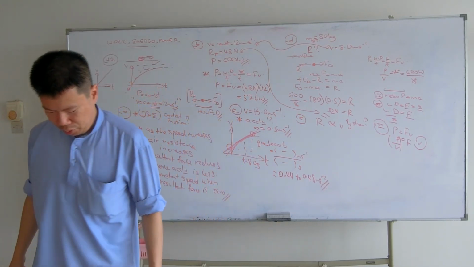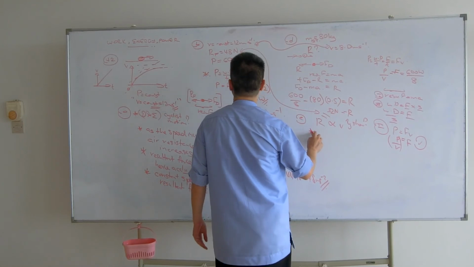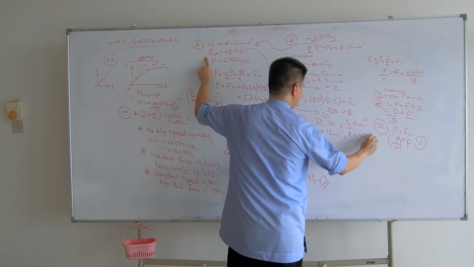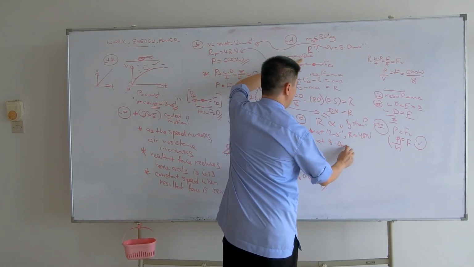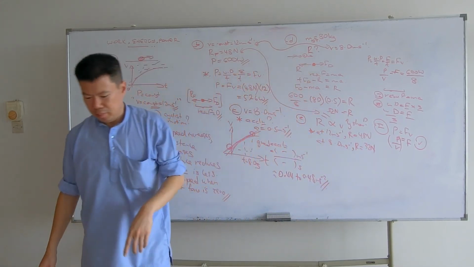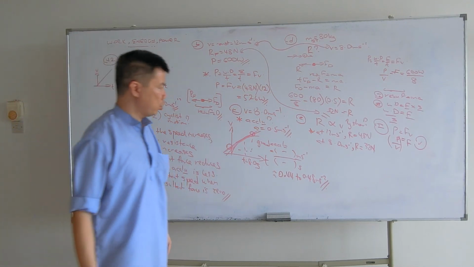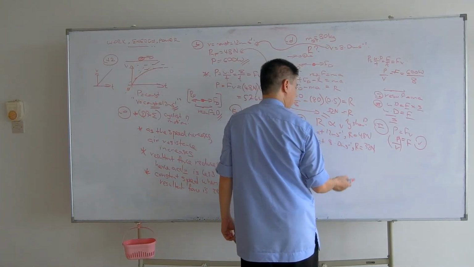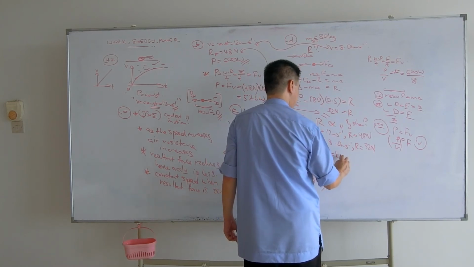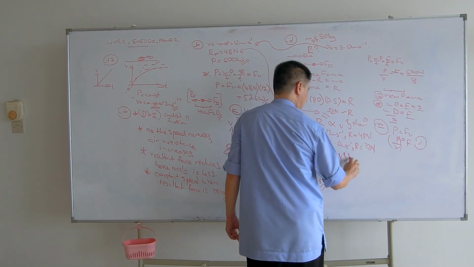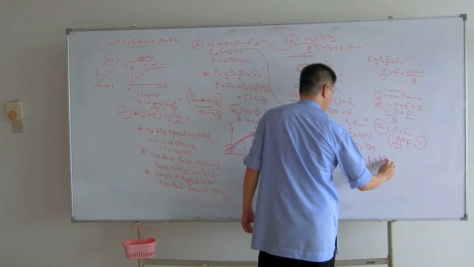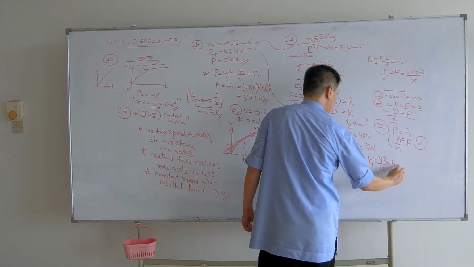Okay, so how do you show this? Quite straightforward. At 12 meters per second, R is equal to 48 newtons. At 8 meters per second, R is equal to 32 newtons. Therefore, if you want to show that they are proportional, all you need to do is change this into R is equal to Kv, and therefore K is equal to R over V. K1 is equal to 48 divided by 12, which is equal to 4.0.